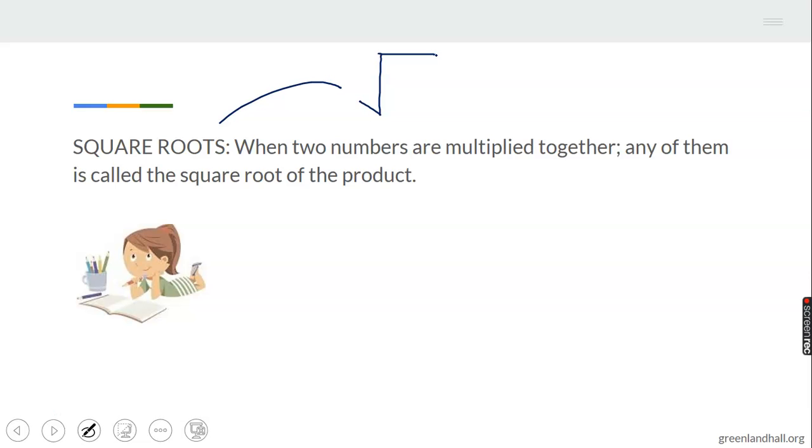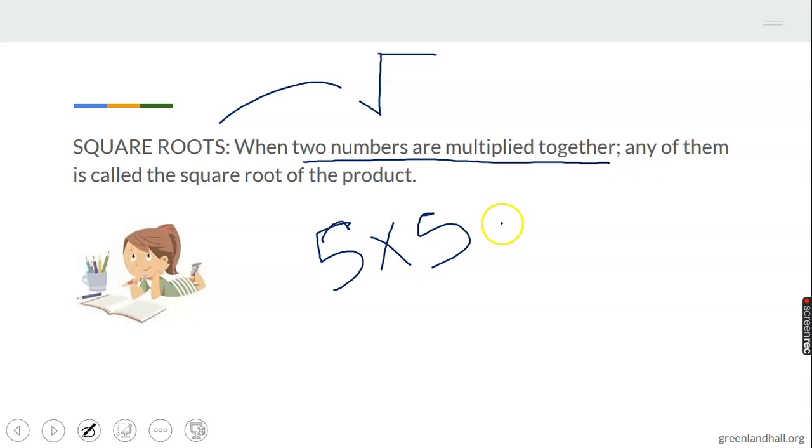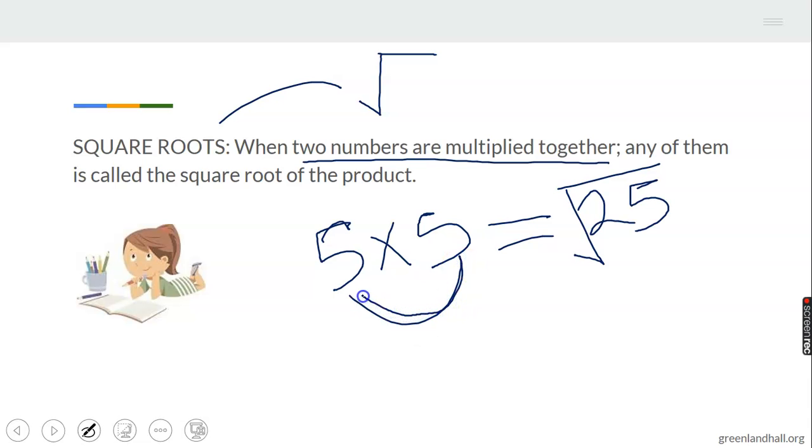I'll explain to you. Let's say we have 5 times 5. When two numbers are multiplied together, let's say 5 times 5, that'll give me what, boys? 25. Now, if, for example, I ask the square root of 25, because these two numbers multiply to give me this answer, I will just pick any of them, this 5 here.